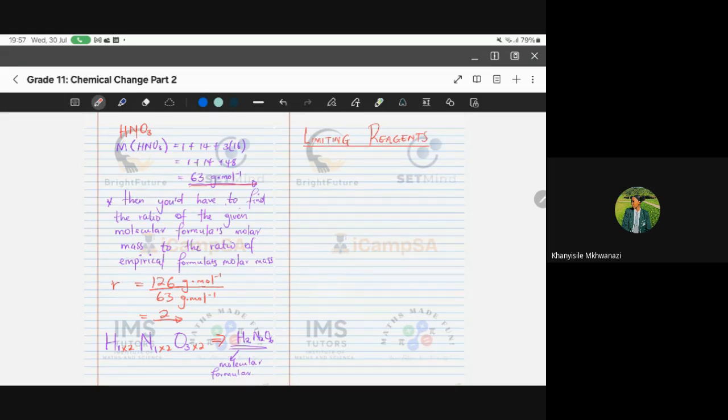A limiting reagent is basically, in a reaction, you will have the reactants, right? As they react with each other, they form the overall product. One of these reactants will finish faster and will therefore limit the amount of product we can form.